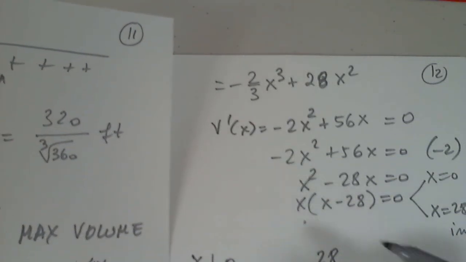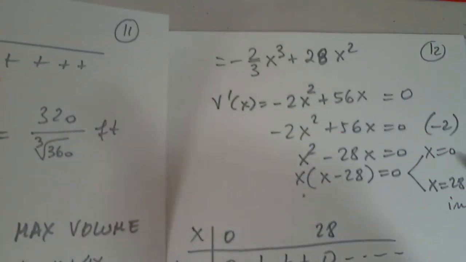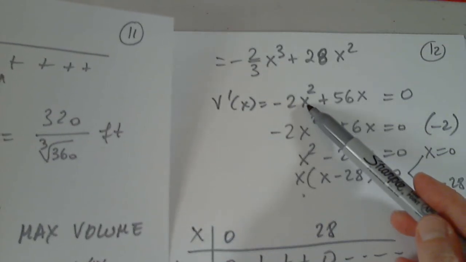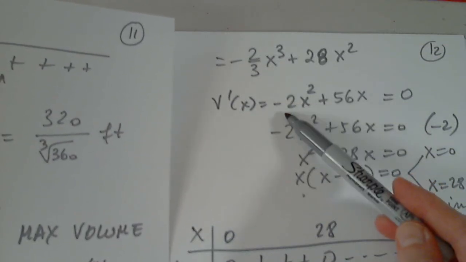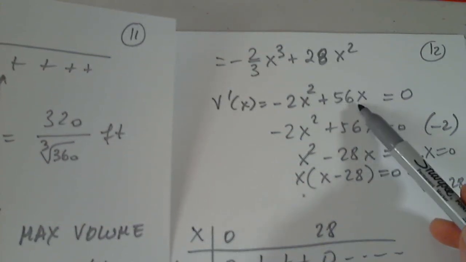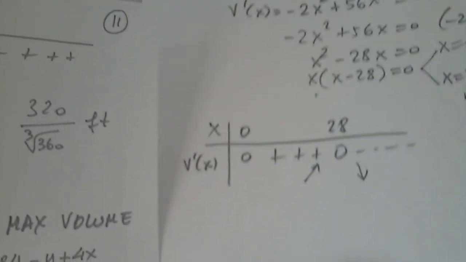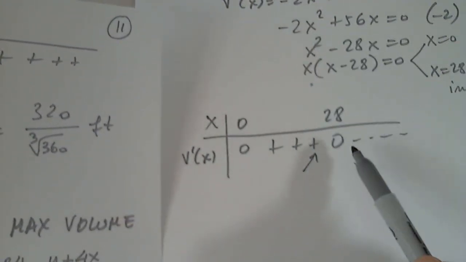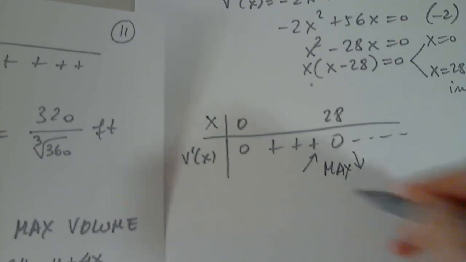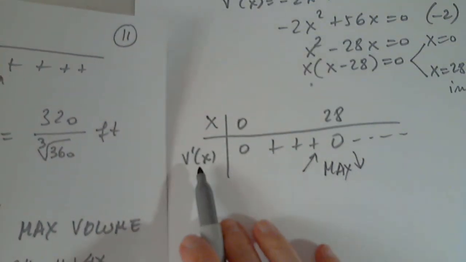And then when I plug in 50, it's going to be negative, because this will be 2,500 times negative 2, negative 5,000, and this is less than negative 5,000. So it's going to be negative. So this is obviously giving a maximum. It's typical for the sequence of signs for the derivative.